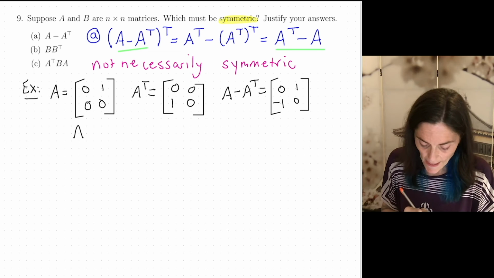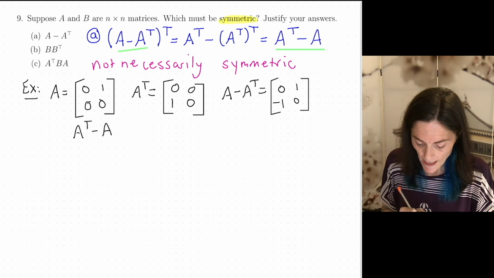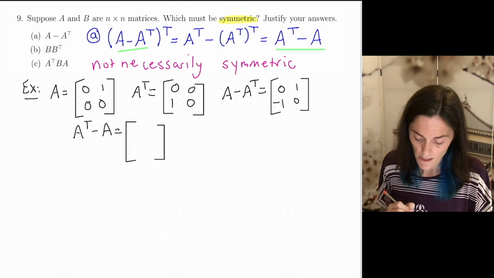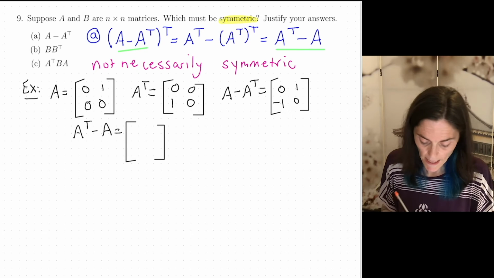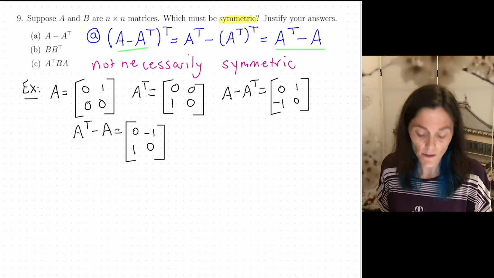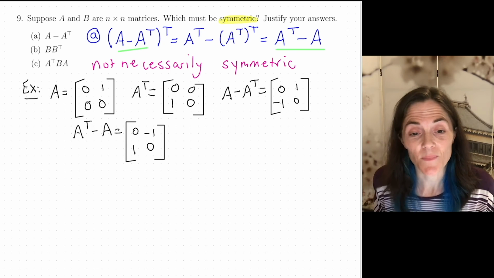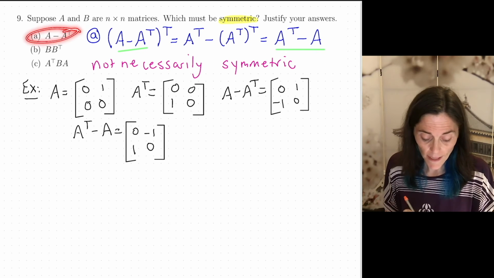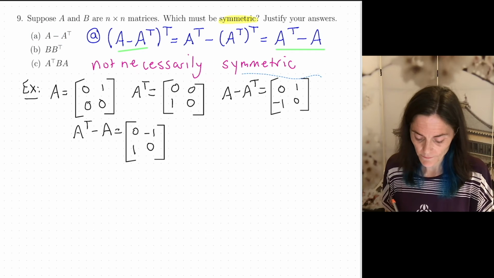Then we calculate A transpose minus A. And what do we get? Well, A transpose minus A has a 1 here, a minus 1 here. And you notice these are not equal. So this is a concrete example where letter A fails.